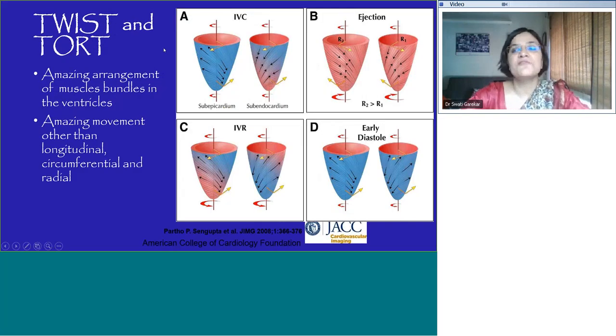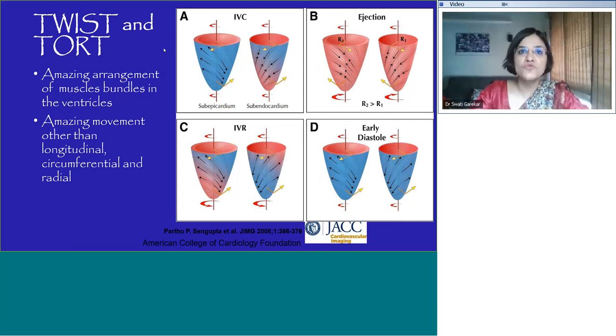What happens in that phase in IVRT, extending into the rapid ventricular filling, is that the ventricles untwist. You may have heard this term, the twisting and torsion, how ventricular contraction is not just about longitudinal compression, not just about radial or circumferential compression.